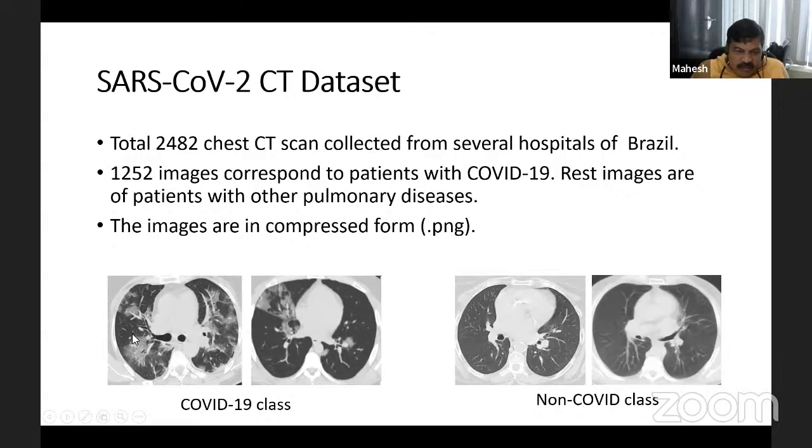In the COVID class, there is a ground glass opacity or gray region. That's why it is called ground glass opacity. So it's a COVID class. You can see the images are given in PNG format.